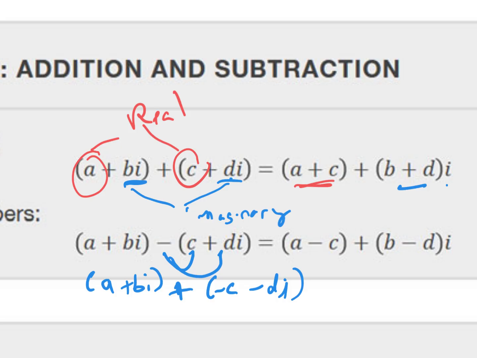Now, when you put them together, the a goes with the negative c. So a plus a negative c is a minus c. The bi adds to the negative di. So you're going to get b minus d, and then there's your little i on the outside. It's not that bad.